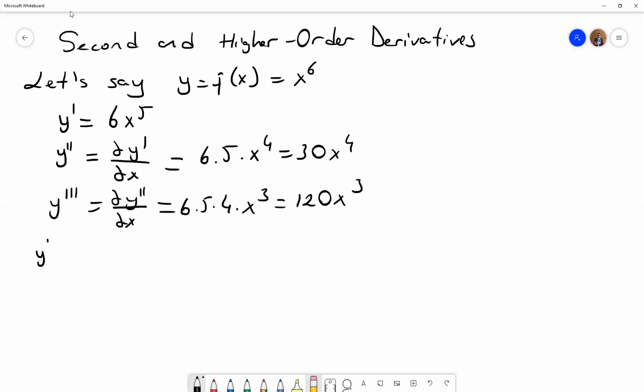Here, y prime, as I said, can be written also as y prime, and this one, y double prime.